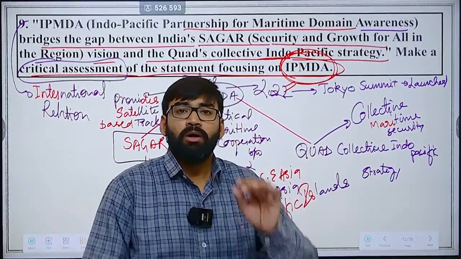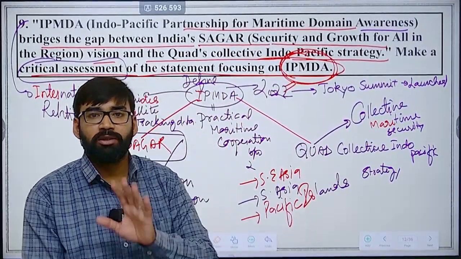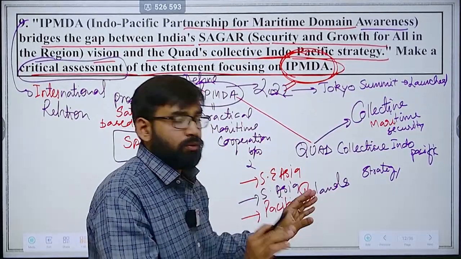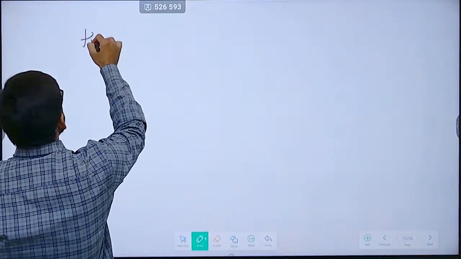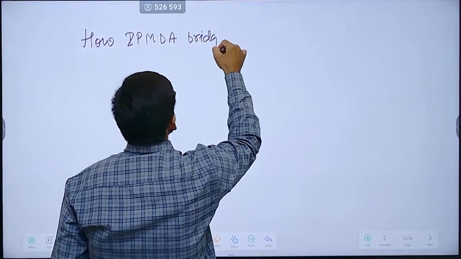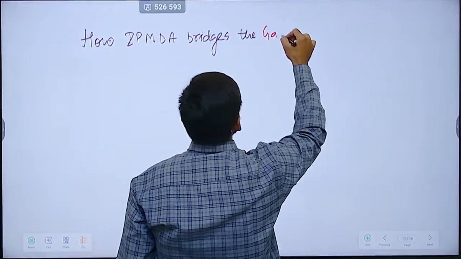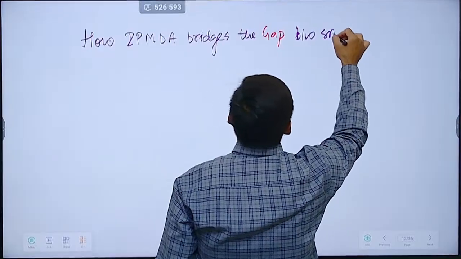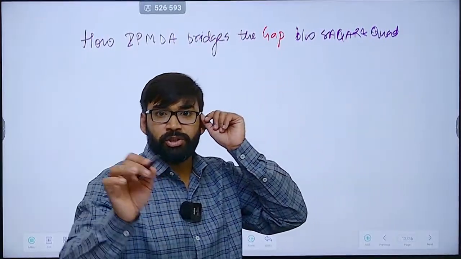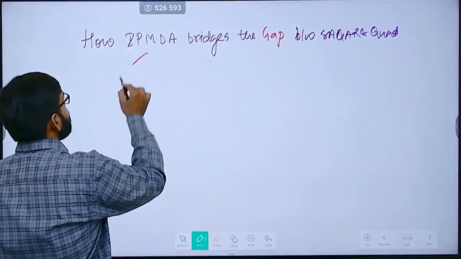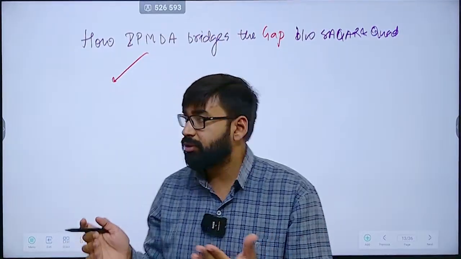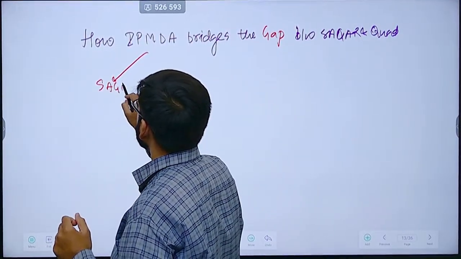Now, how are you going to write the body of the answer? In part 1, you will mention how IPMDA bridges the gap between Sagar and Quad. Sagar emphasizes non-threatening cooperation.